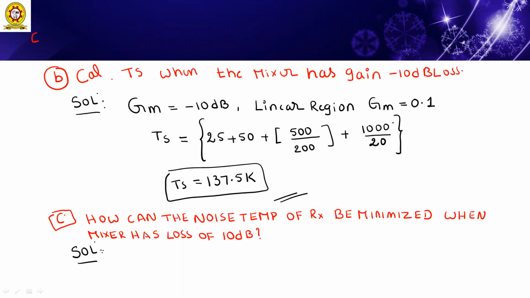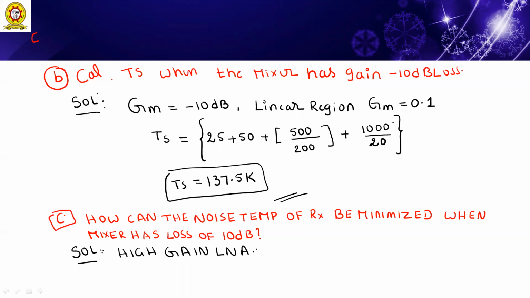For this question, the key term is that the lowest system noise temperatures are obtained by using a high gain. We are familiar with the high gain LNA, right? High gain LNA.